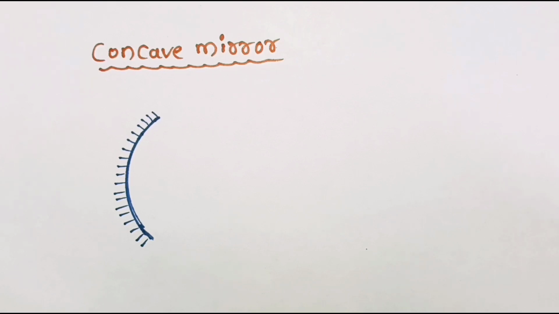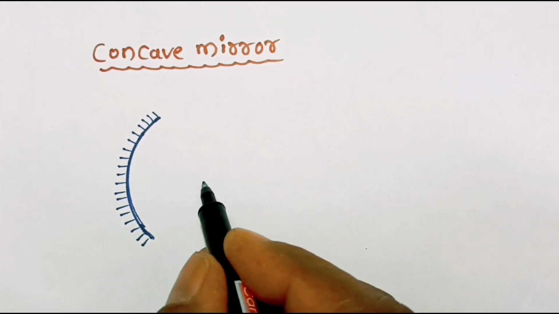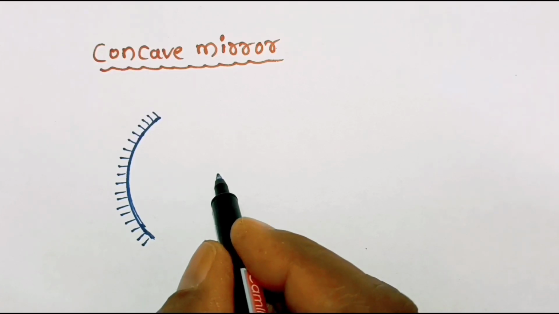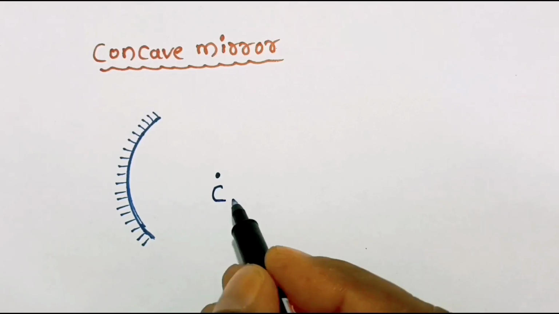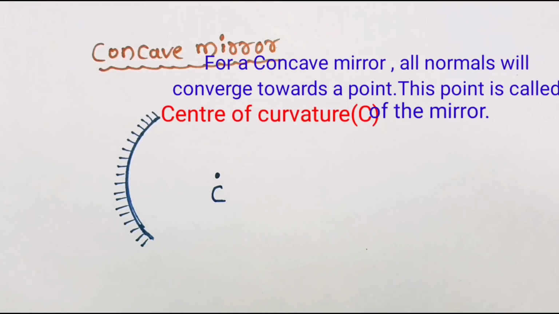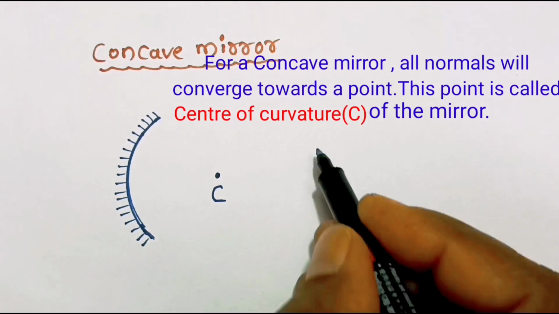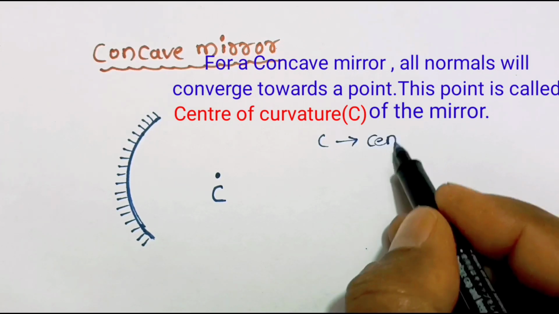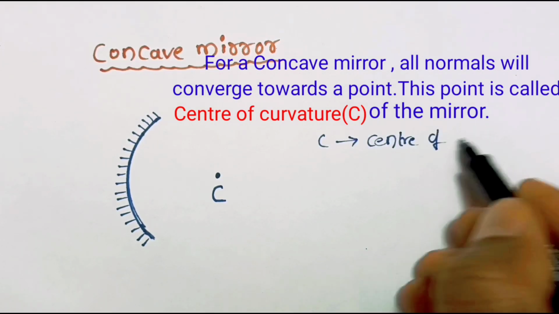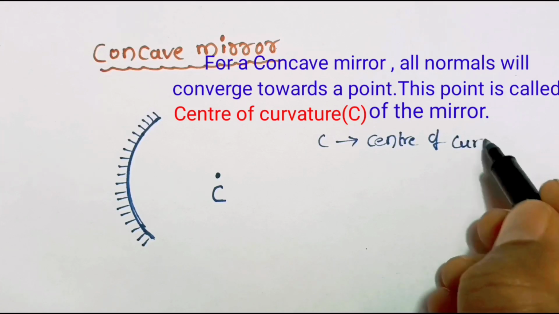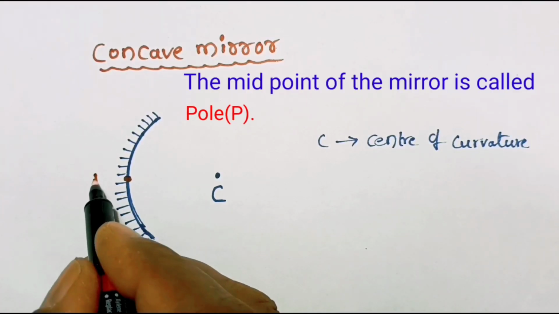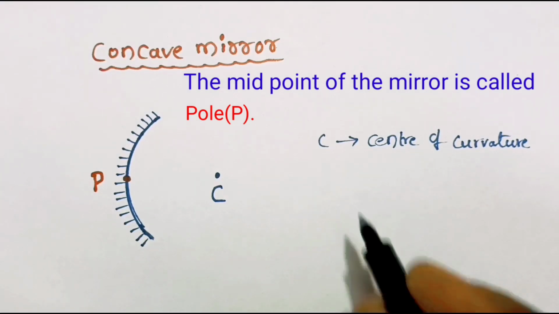Now, let us know about curved mirrors and also apply the first law of reflection. First, let me explain the concave mirror. For a concave mirror, all normals will converge towards a point. This point is called the center of curvature. The midpoint of the mirror is called the pole.